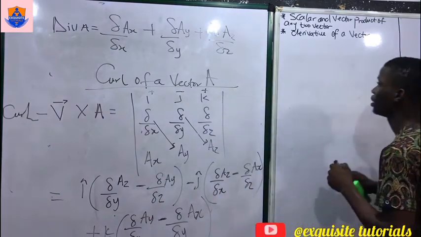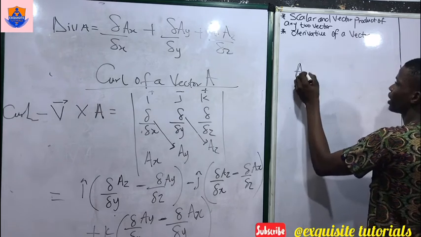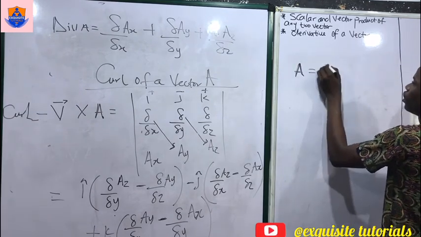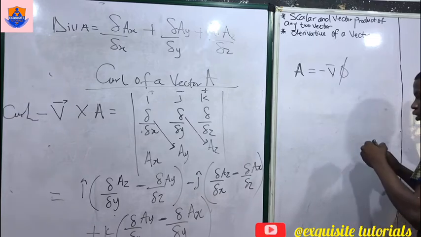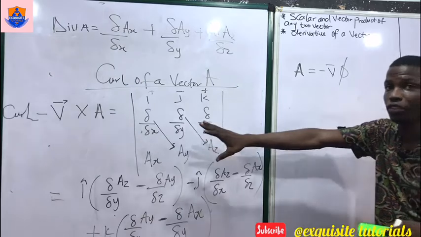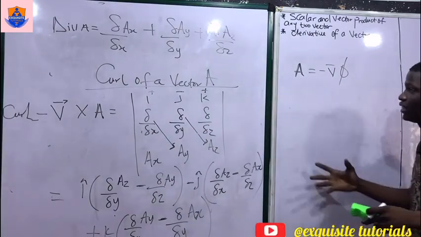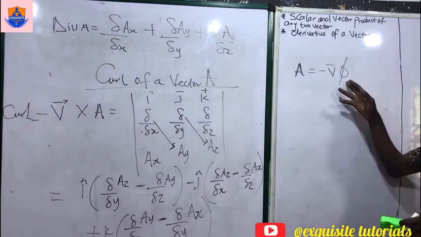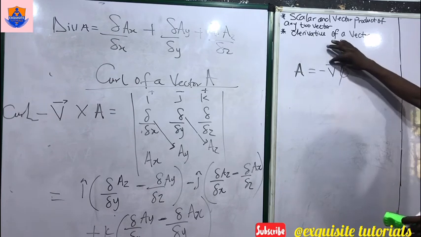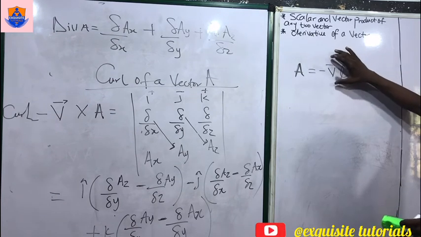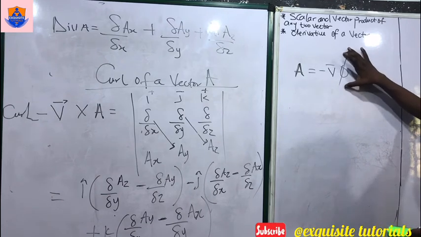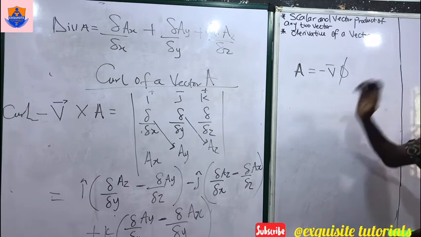So at that point in time, our A is going to be ascribed this value. Whenever the curl of any vector is zero, our A is going to be ascribed this value. Our A is equal to minus del, the delta operation, of the scalar potential function, the gradient.